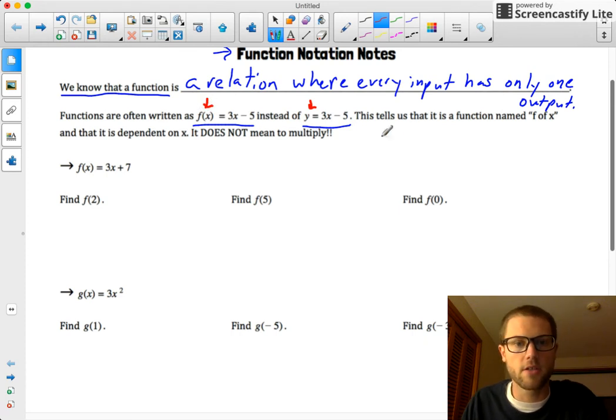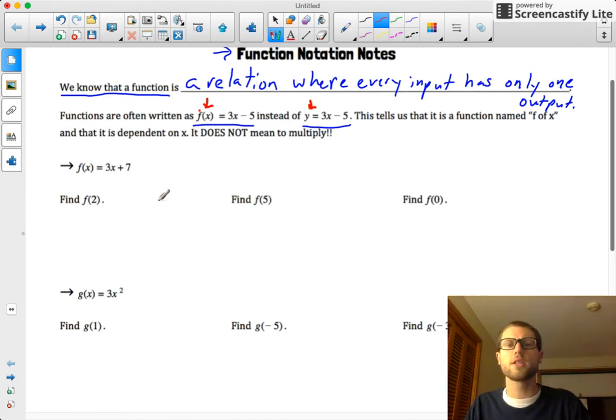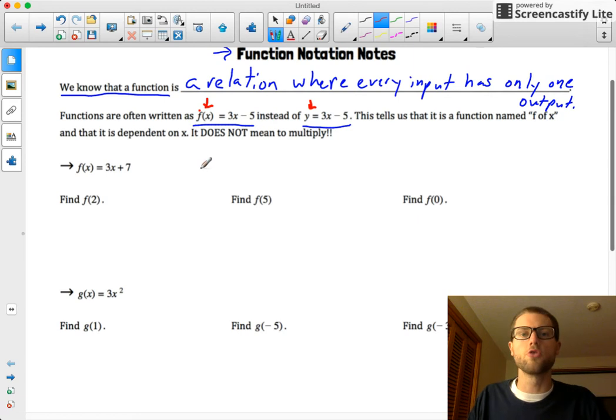And this notation tells us that it's a function, and we name it f of x, and it's dependent on x. So basically it's saying that our function is named f, and we need the independent variable x to be substituted into my function. And you'll see how this works. It really isn't all that complicated. It's just a new notation.